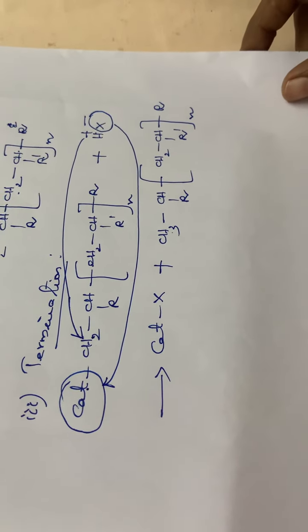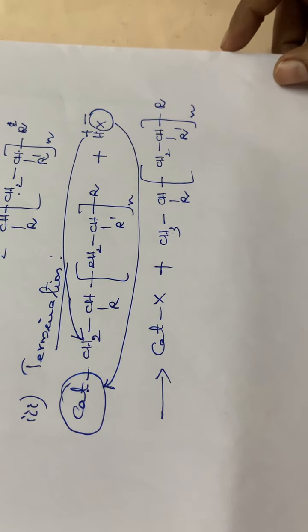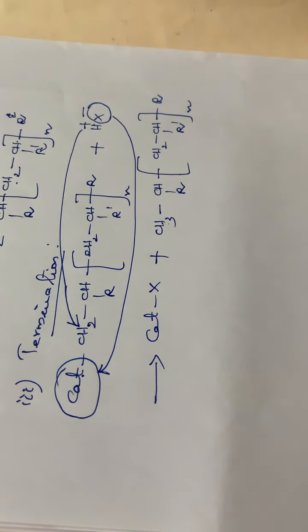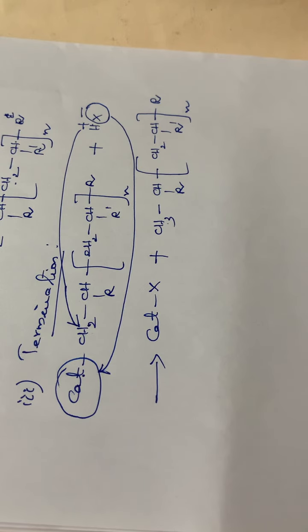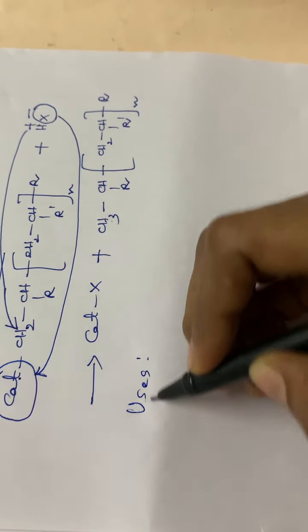So these are the three steps involved in the Ziegler-Natta polymerization. This is also very important. I think there is no need of repetition of these reactions or these mechanisms. Then the next is some of the uses of Ziegler-Natta polymerization.